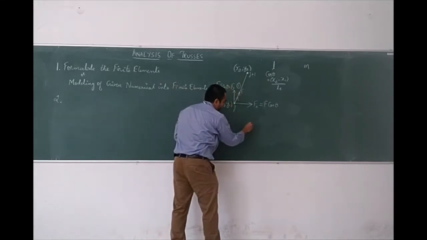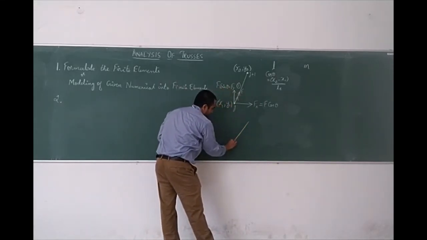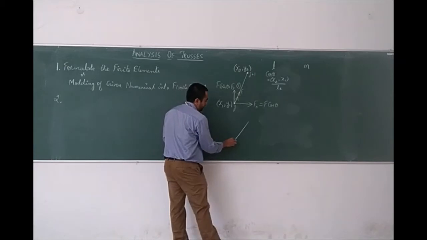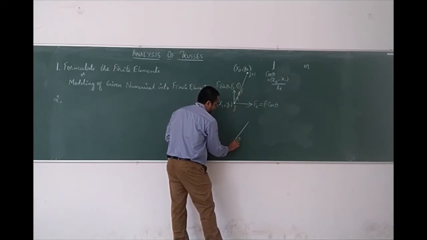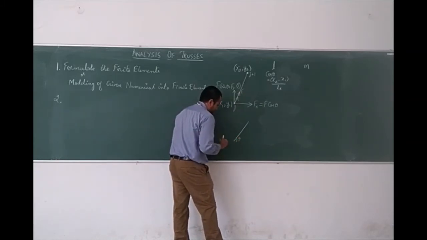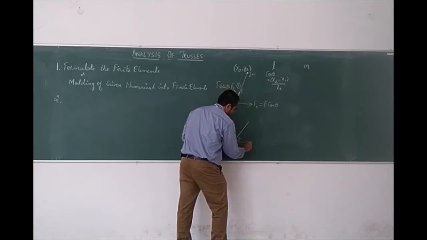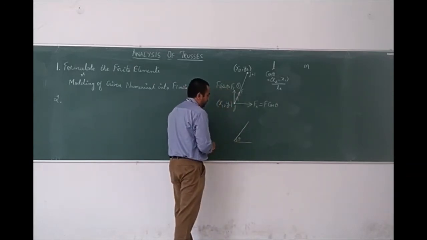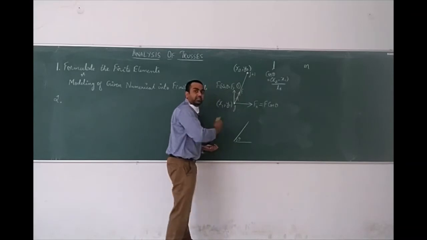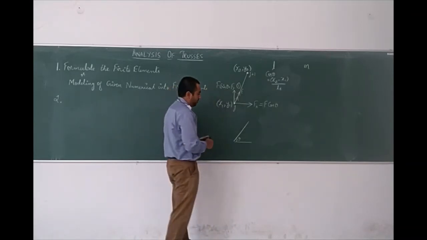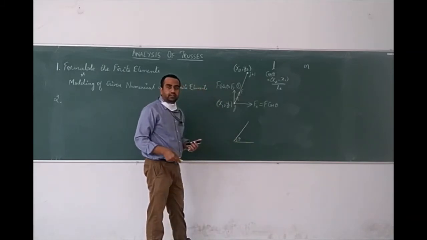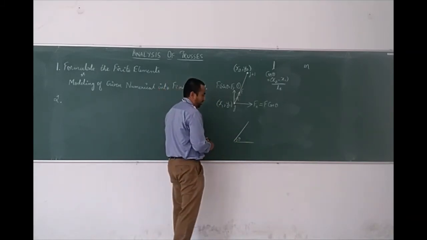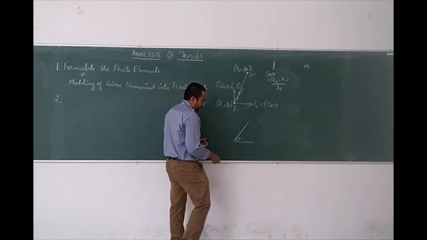For the element that we have drawn, this is theta, and of the coordinates we will consider only the x coordinate, because we want the adjacent side by hypotenuse as the required measurements to calculate cos theta.